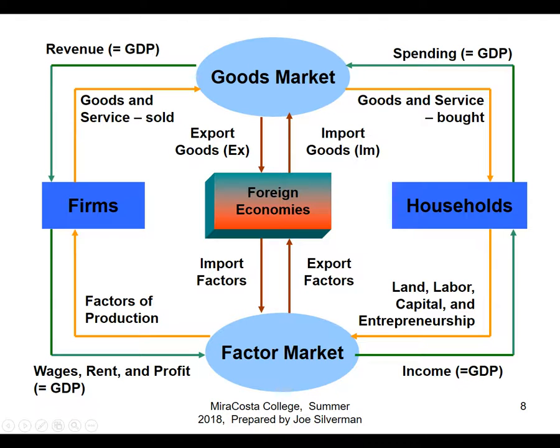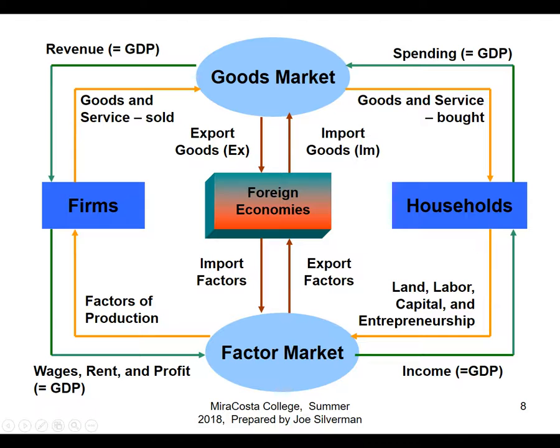All right, if we bring in foreign economies, then what foreign economies do is they either buy goods or factors that we export, or they sell us goods or factors of production that we import. So, for example, if we were to import oil from another country, that would be coming from a foreign country. That would count as an import.